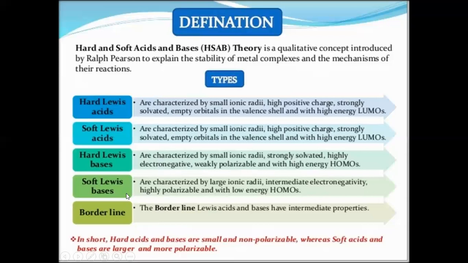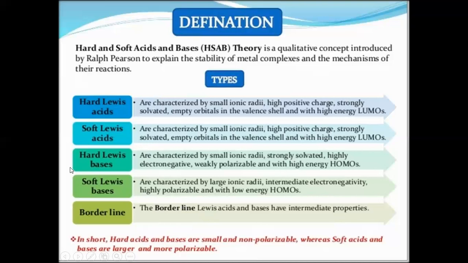Quite opposite, soft Lewis bases have large size, intermediate electronegativity, high polarizability, and low-energy HOMOs. Borderline Lewis acids and bases have intermediate properties, in between those of hard and soft.